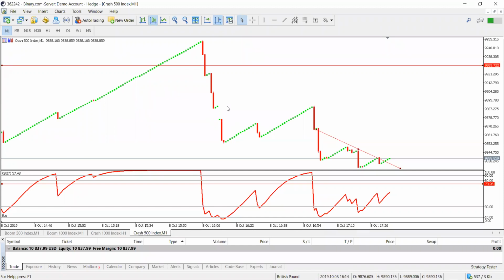The gap tells us two things. It can either be a continuation of the trend, or it can be an exhaustion of the trend. So you just check where the trend is. Say there was this big buying, and then a gap opened here.